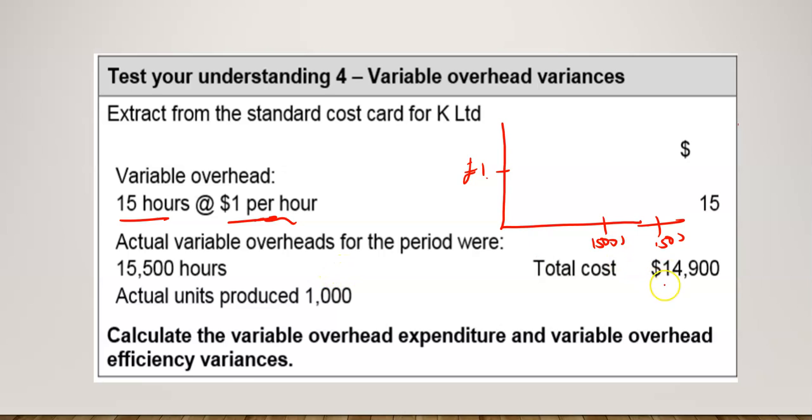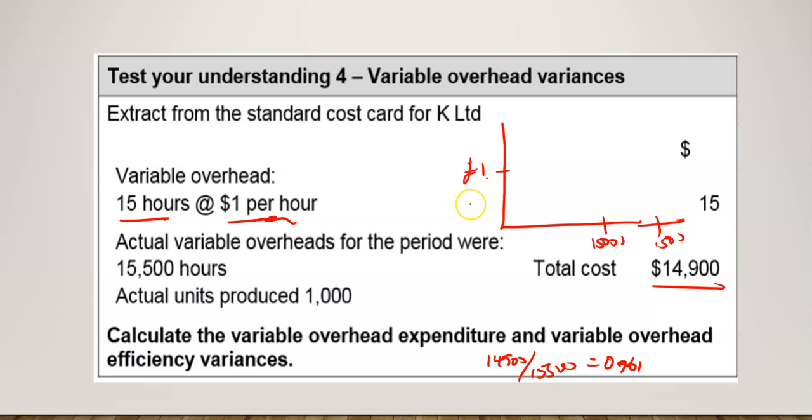And this is the actual price, so I can find what this is, the 14,900 divided by 15,500. It is messy, 0.96 whatever. I probably wouldn't do it that way. I would just stick to what I was saying earlier. There's two ways to do it.